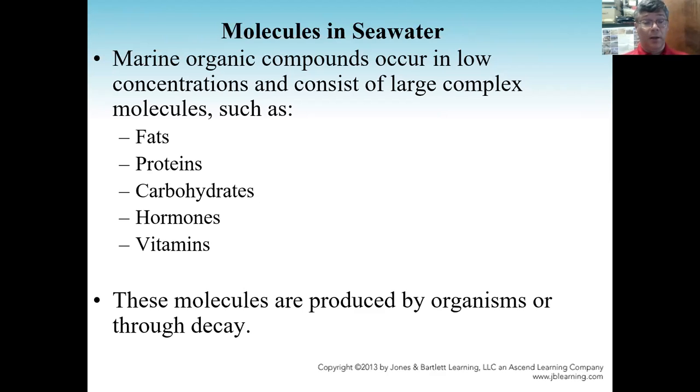These may be released as living things die and decay, or they may be produced and more deliberately released by living things. For example, if you've ever picked up ocean, or for that matter, freshwater creatures, you notice a lot of them are kind of slimy. That slime covering provides something of a smooth surface, so easier to move through the water.